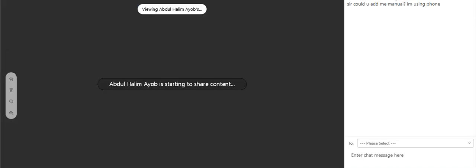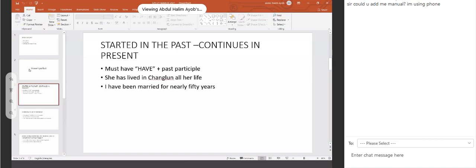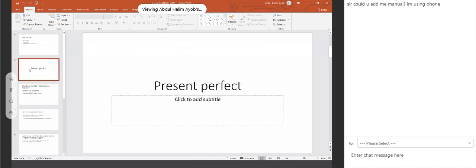So for our class today, we'll definitely do some activities so that you will learn something new today, hopefully. We're going to take a look just a bit at present perfect, because in the course outline, in the scheme of work, I have to brief you a bit about it.